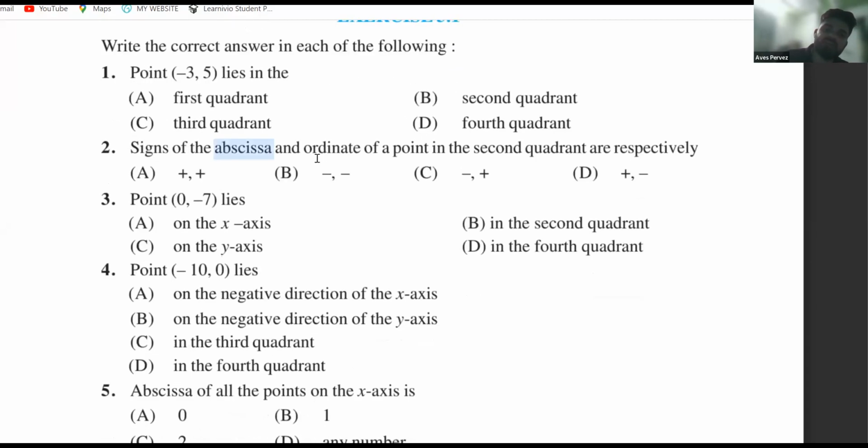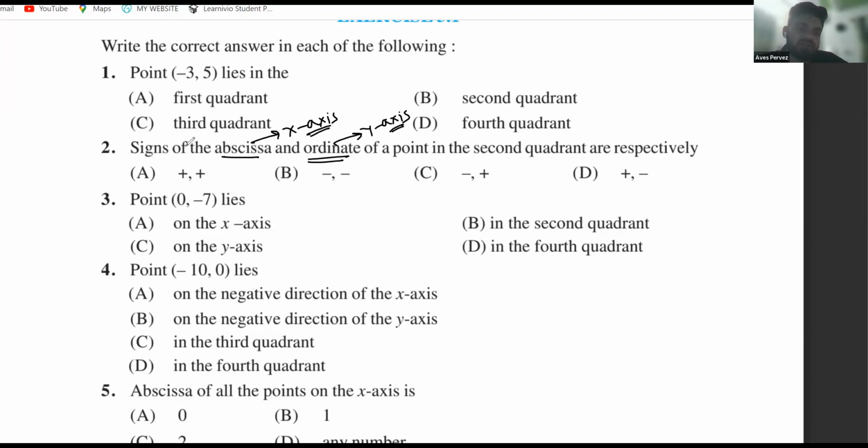This one, the sign of abscissa and ordinate. The abscissa is the x-axis and the ordinate is the y-axis. Okay, dear friend, you understood? Yes, I understand. Abscissa is the x-axis and ordinate is the y-axis.